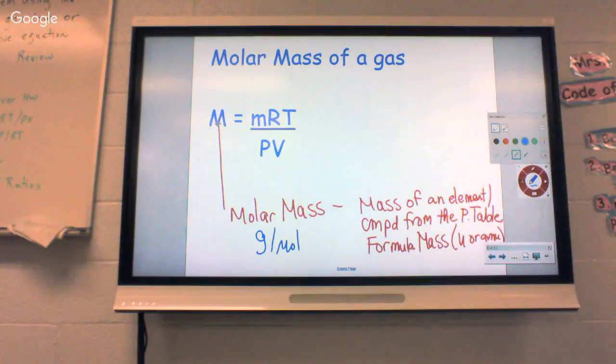There is nothing wrong with writing U or AMU. I will certainly take it, and I will not mark it wrong at all. They are fine to write it that way. Okay? However, because of the way unit cancellation works, I'm more apt to write grams per mole. But if you write U or AMU, I'm not going to mark it wrong.